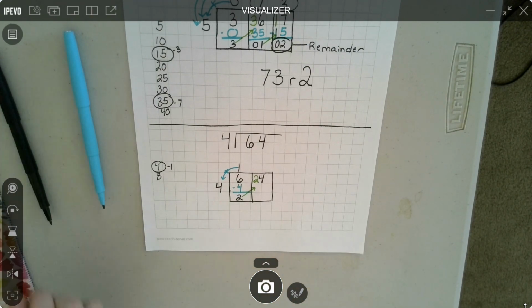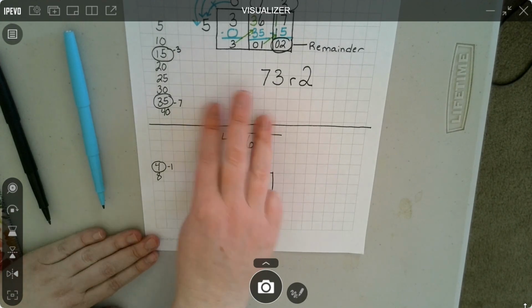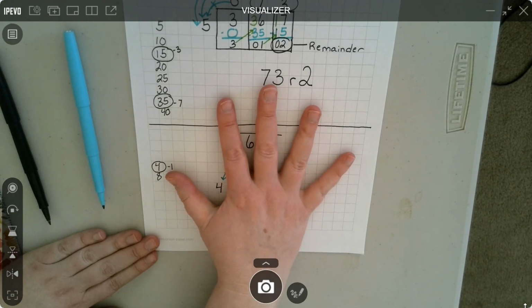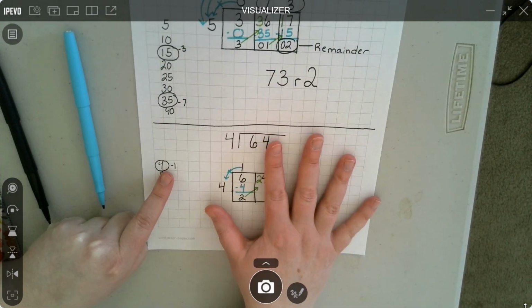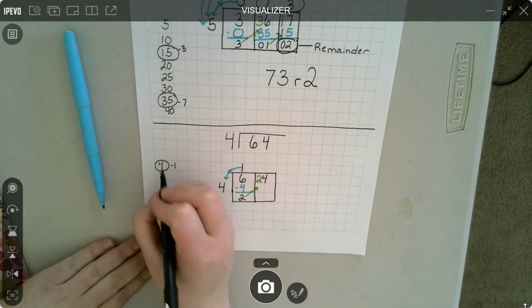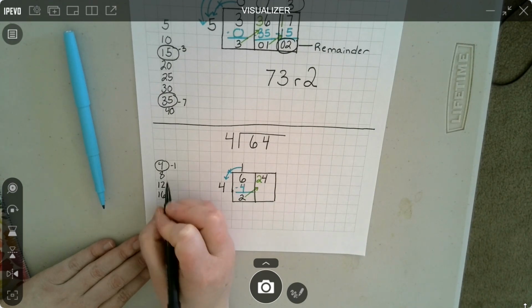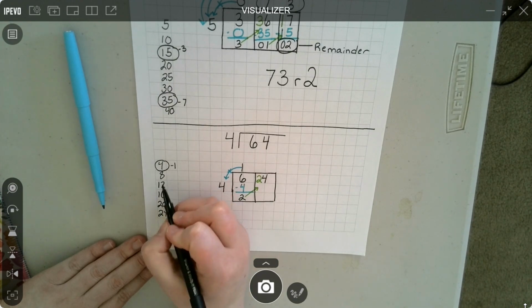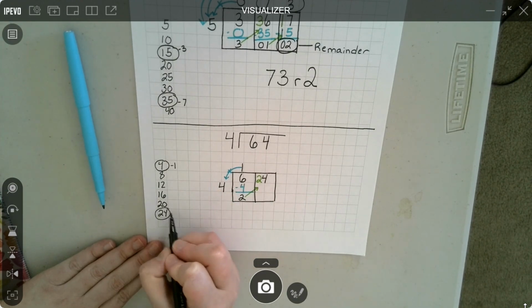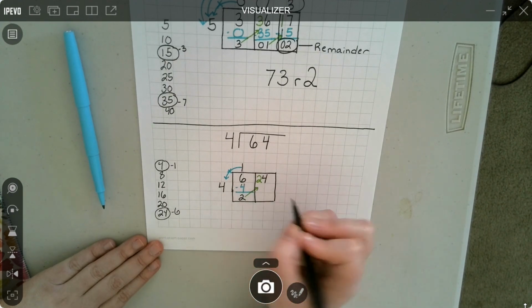Now, I can use my multiples of 4 to figure that out. 4, 8, 12, 16, 20, 24. Oh, 24 exactly. And that's the 6th multiple. 1, 2, 3, 4, 5, 6. 4 times 6 is 24, and that's what we're looking for, as close as we can without going over.